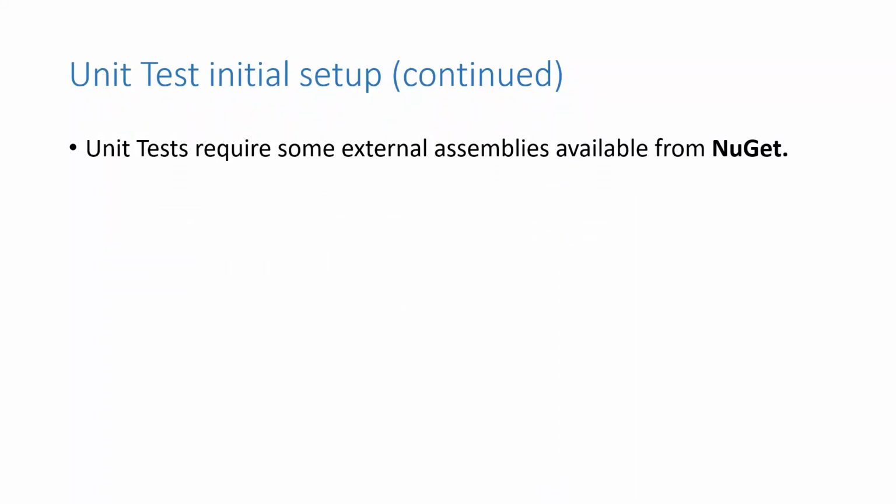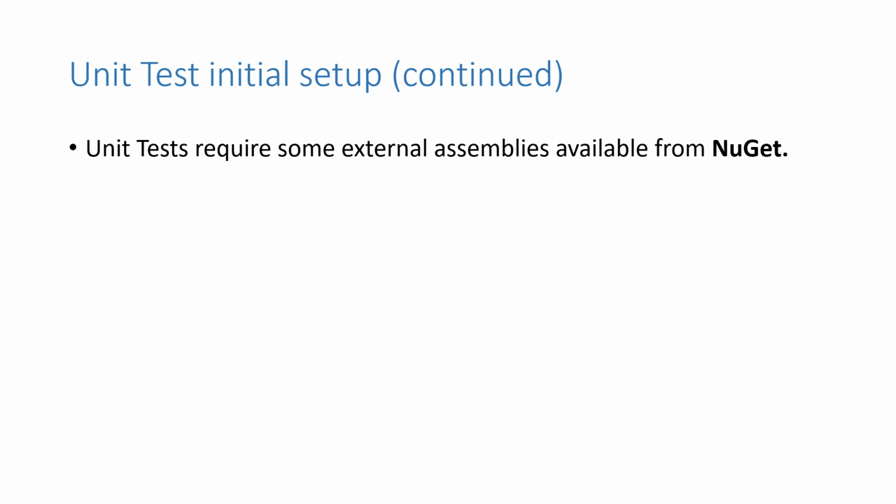Another thing that we haven't done in Visual Studio is to use external assemblies for which we can get updates from NuGet. NuGet is a repository of different programs you can use, and we're going to be playing around a little bit with one of them here.